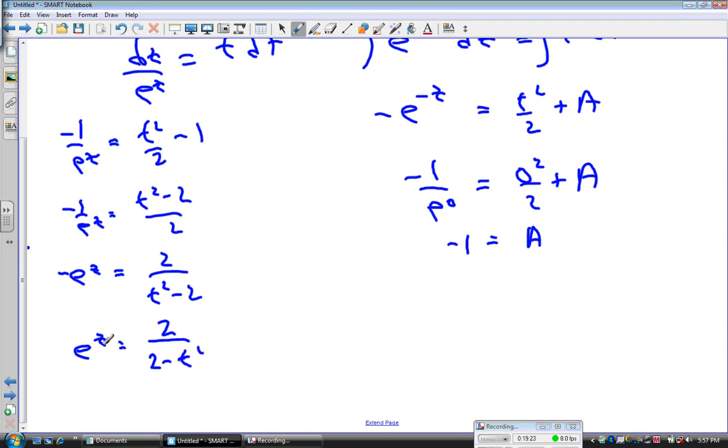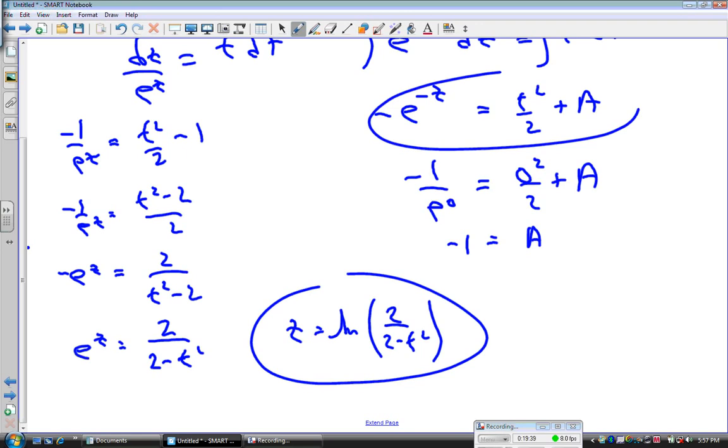But if I can get z alone, I want to do that. I can get rid of the e to the by taking ln of both sides. So I get ln of e to the z, which is just z, equals the ln of the other side. So there's your particular, there's your general. Very good.